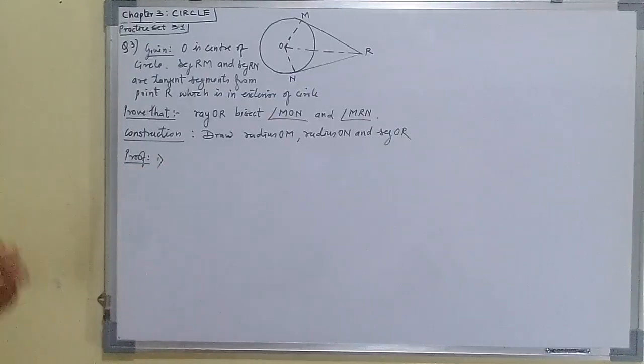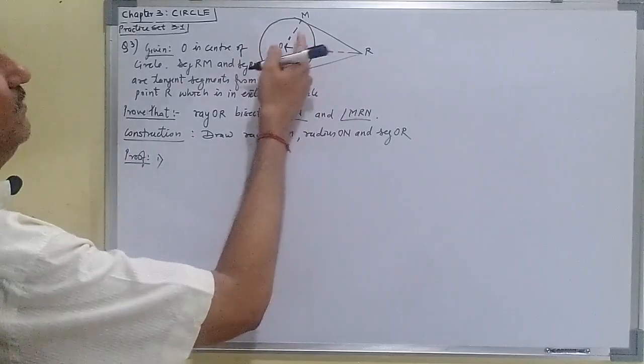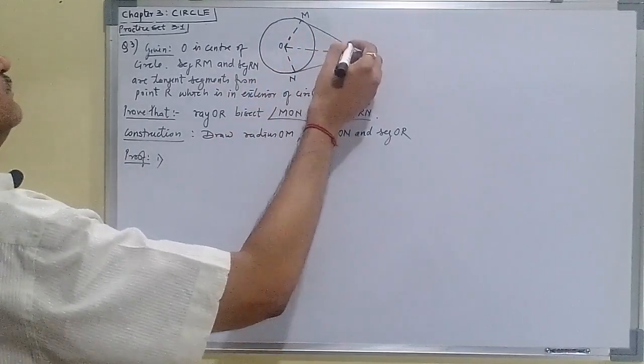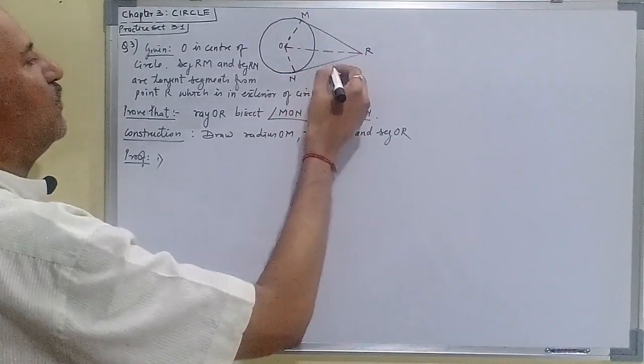Statement number 1. We will take these triangles. First we show this segment congruent to this segment.